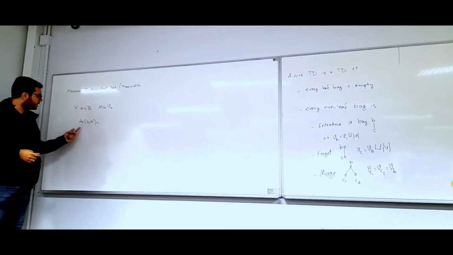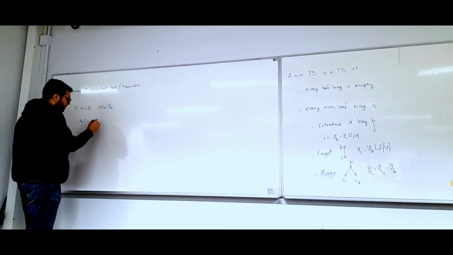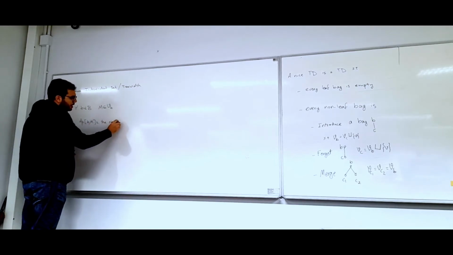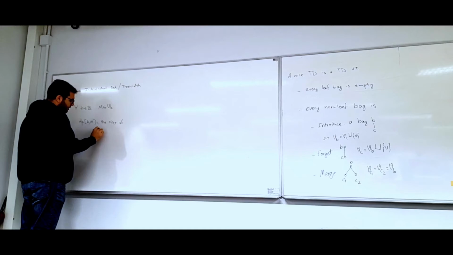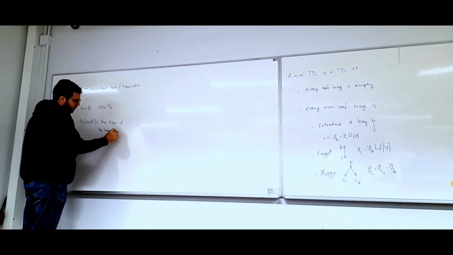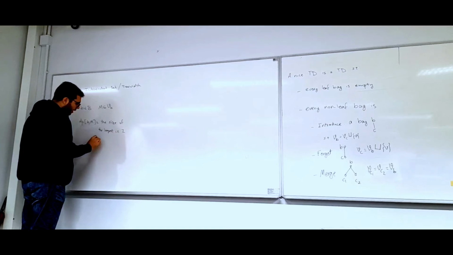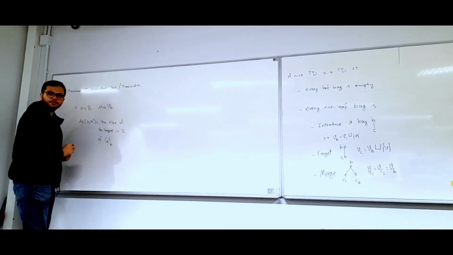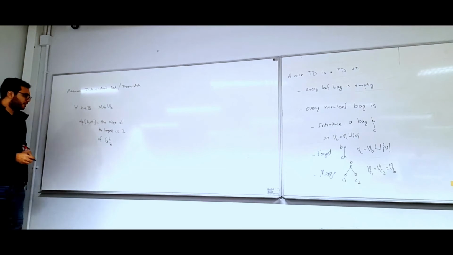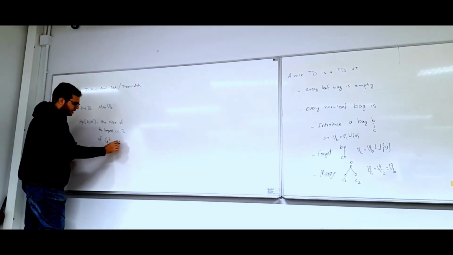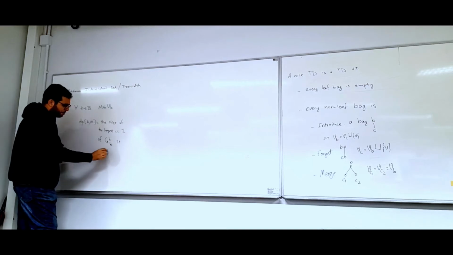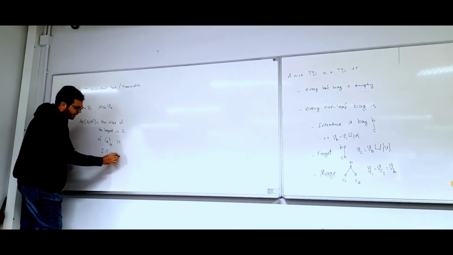It's the size of the largest independent set, let's call it I, of the subgraph that corresponds to this bag, such that the intersection of that independent set with my bag is exactly my mask.